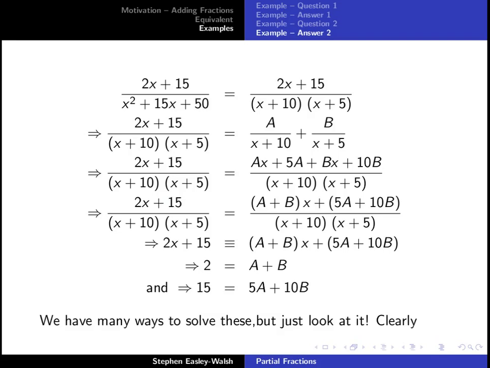So we have our answer. That is 2x plus 15 over x squared plus 15x plus 50 equals 1 over x plus 10 plus 1 over x plus 5. That's all for this video.